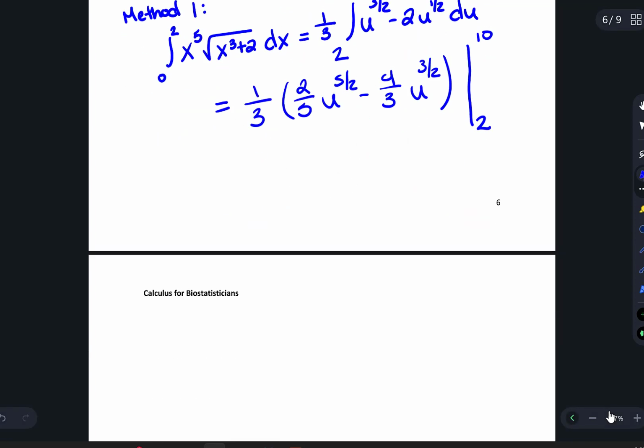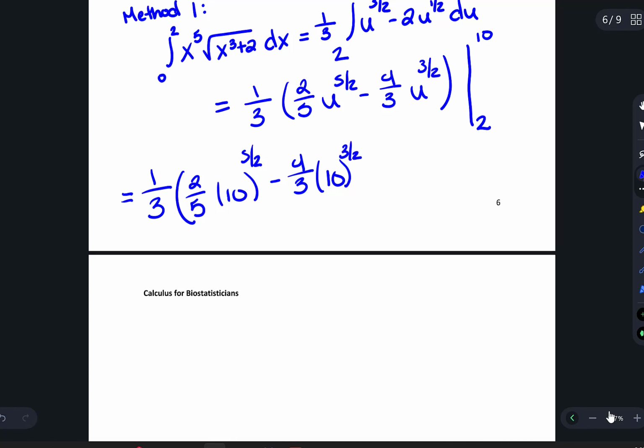So this becomes 1/3 times 2/5, 10 to the 5/2, minus 4/3, 10 to the 3/2, minus 1/3 times 2/5 times 2 to the 5/2, minus 4/3 times 2 to the 3/2.